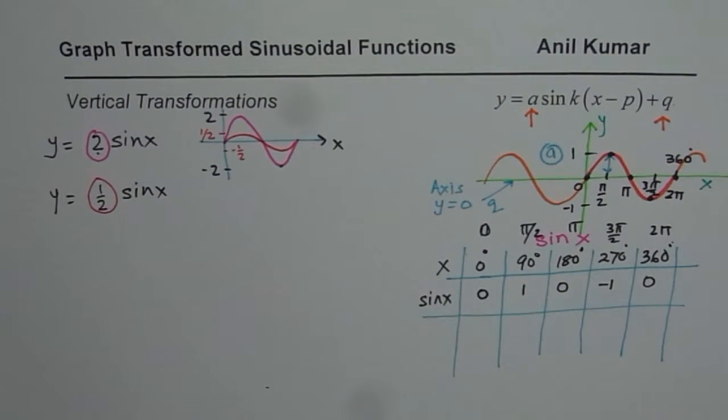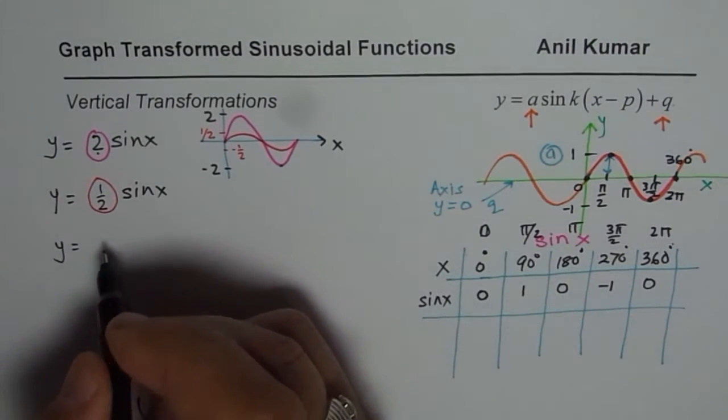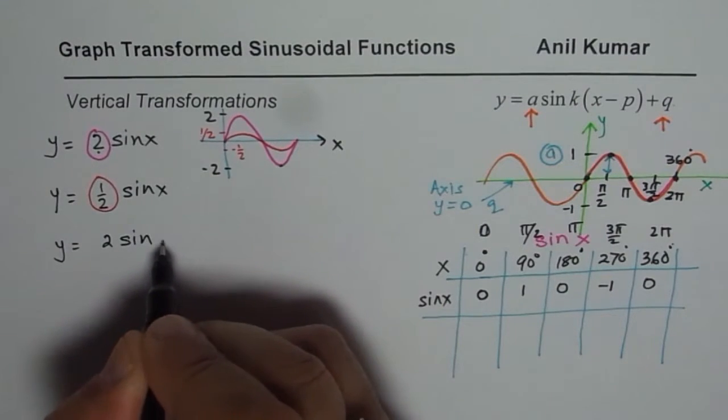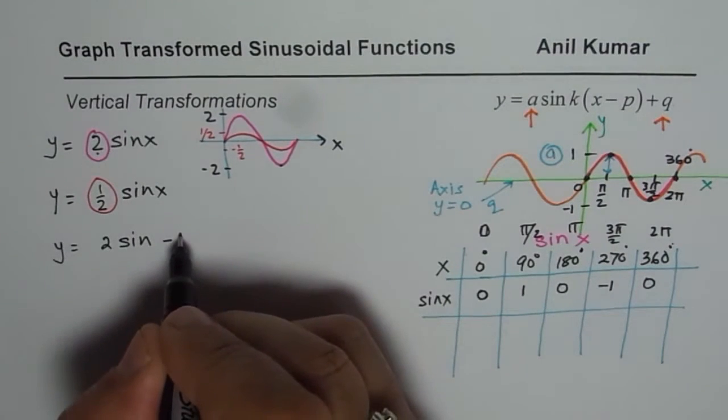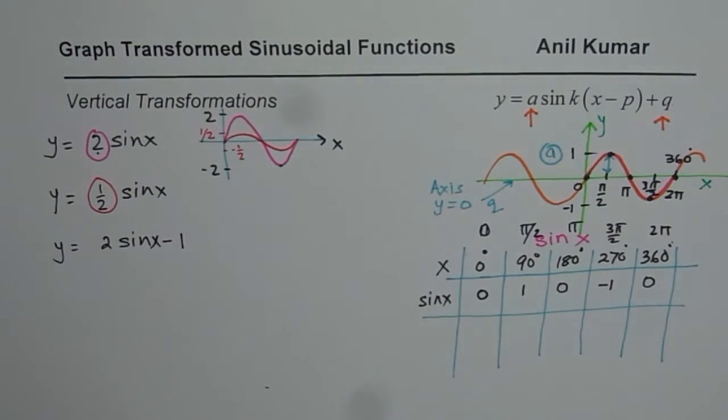That is the effect of a. Now let us see the effect of q. So if I have an equation which is y equals 2 sine x minus 1. In that case, what happens?